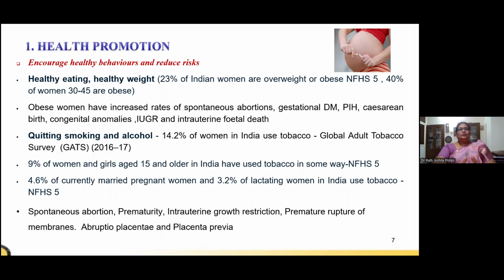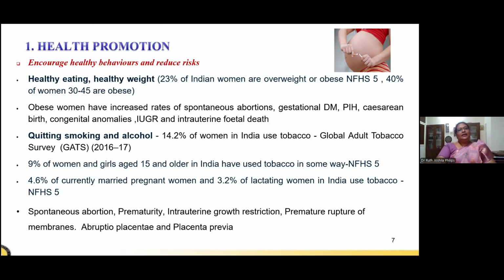And all of us know that obesity increases the risks of many complications like spontaneous abortions, gestational diabetes, PIH, cesarean births, congenital anomalies, IUGR, and even intrauterine fetal deaths. So that is one research saying.